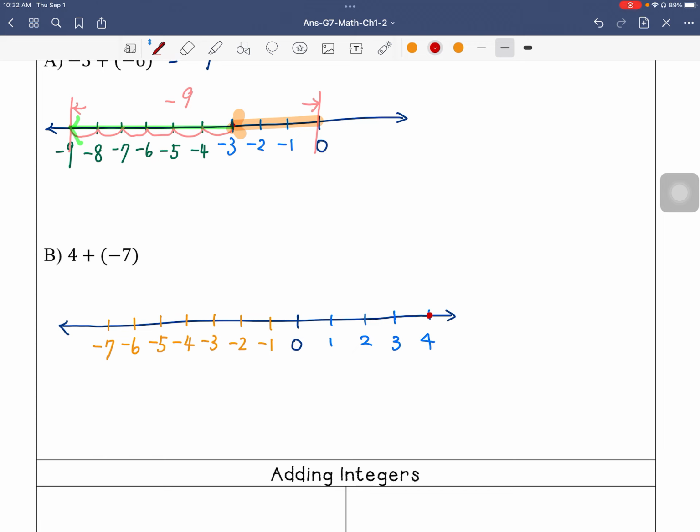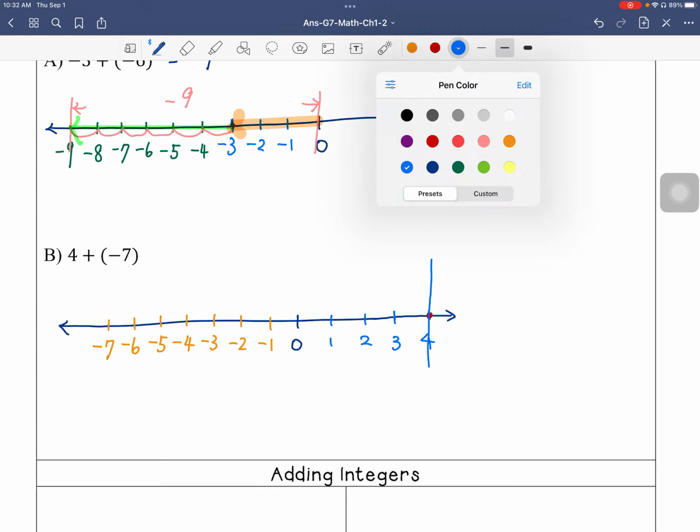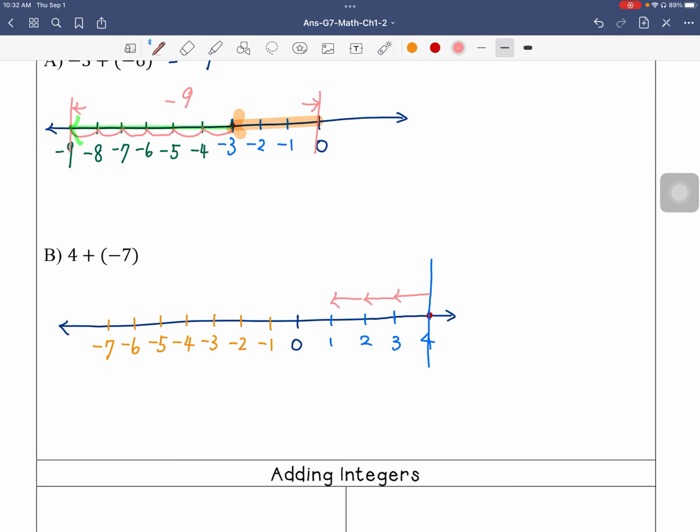So now I started from 4 and then going toward the left: negative 1, negative 2, negative 3, negative 4, negative 5, negative 6, negative 7.